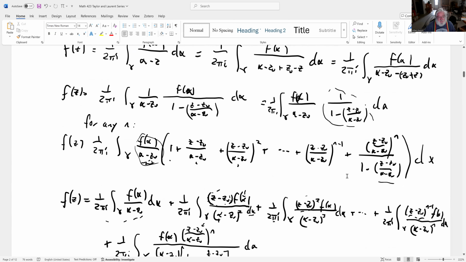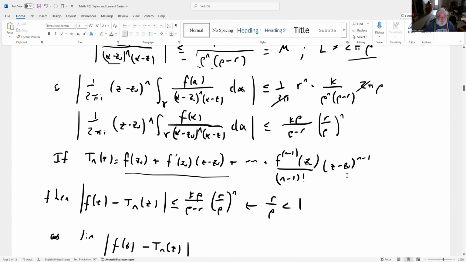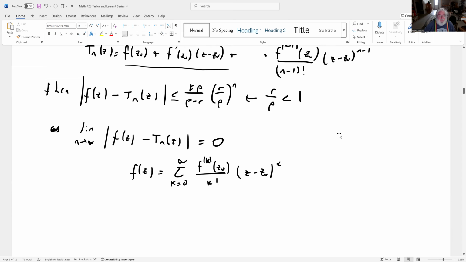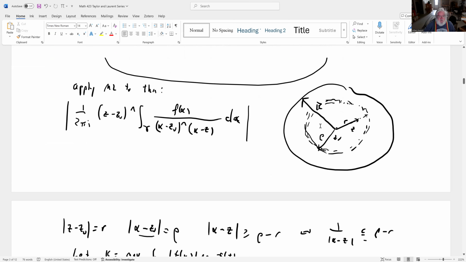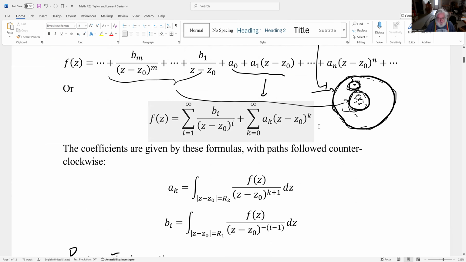So for the Laurent series, it's pretty much the same kind of setup going through all this stuff. You just have to be a little bit more careful about the inner one because of the application. Notice also when we're looking at the Laurent series, as we go back up here, we can't actually turn this into a derivative, right?